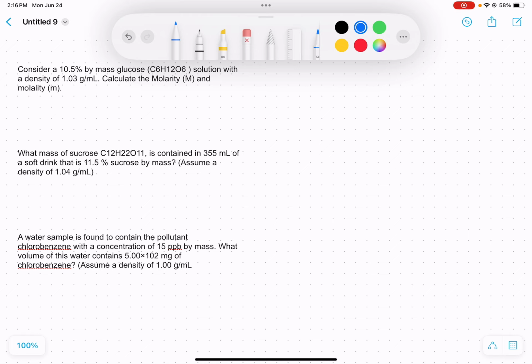10.5% by mass. So this one is converting from one concentration unit to another. Convert from mass percent to molarity and mass percent to molality. So that's one type of question.